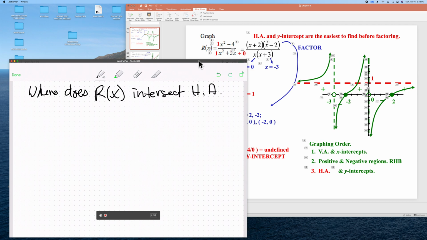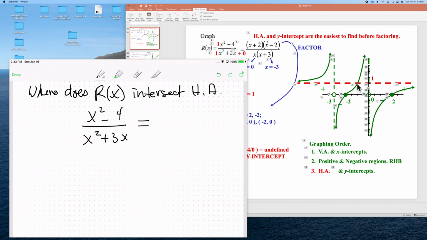So R of x is x squared minus 4 over x squared plus 3x. Intersect means they have to be equal to each other. So we're looking for this point right there. And so where is the y-coordinate of my green graph going to equal 1? So my horizontal asymptote is 1. So we'll solve this equation.